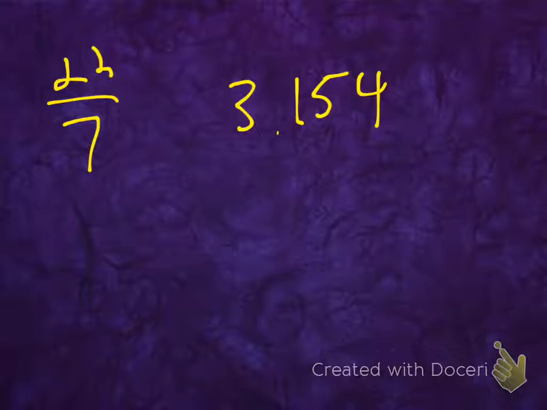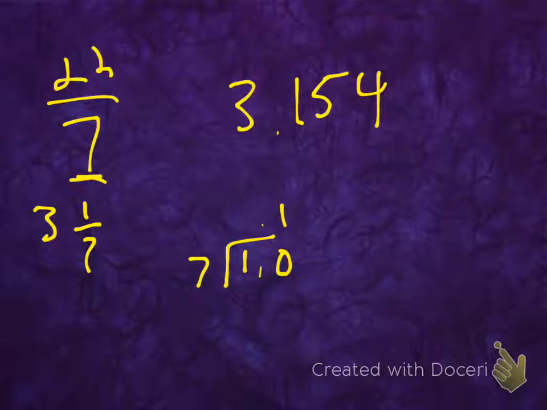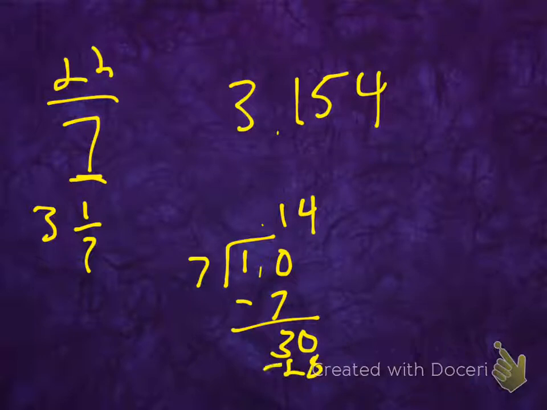Okay, so first, how many times will 7 go into 22? 3 times, and that leaves us with the remainder of 1/7, right? So, if I say 1 divided by 7, and that's going to keep on going, but I'm going to get 3.14 something something.